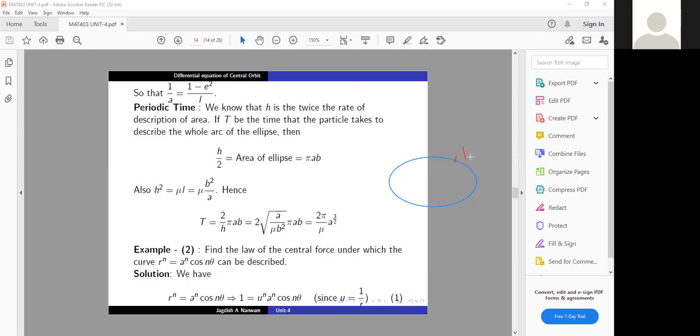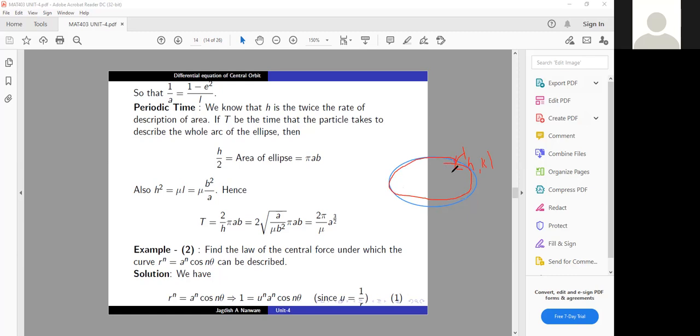The coordinates of this point are taken as, say, h comma k. We have hT by 2 equal to the area of the ellipse. Whole arc means this one, complete.